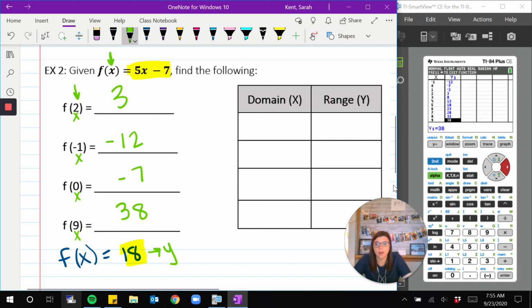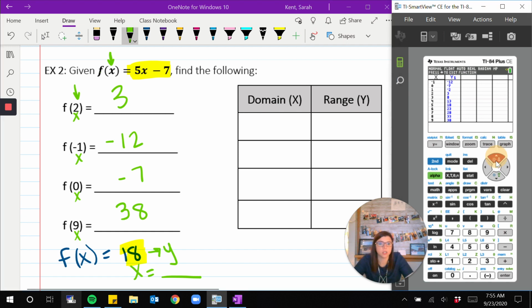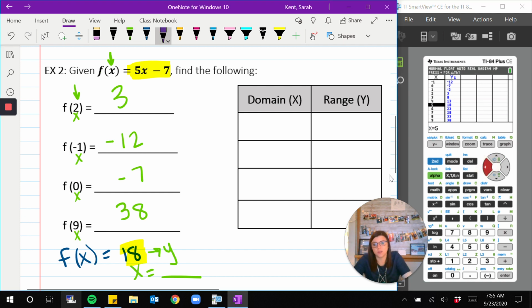And we want to know x equals blank. So I would want to look in this blue column for what 18 is. So that's 38, 33, 28, 23. Oh, here's y equals 18. So the x equals 5. So here, x would equal 5.